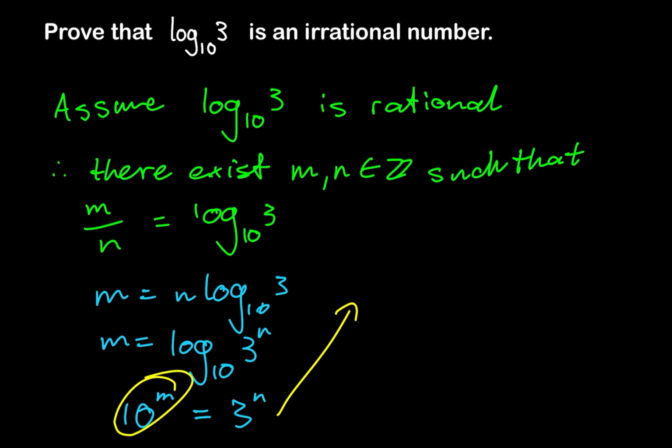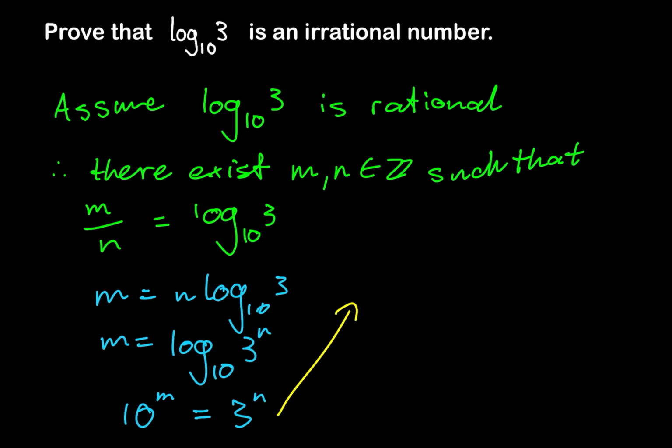So the left-hand side will always be even, and the right-hand side will always be odd. What I'm saying is that 3, which is an odd number, times 3, of course the same number, so it's also odd, produces an odd number. And that odd number multiplied by 3 again is also going to be odd, and so the process continues. And so our right side is always odd, and our left side is always even.